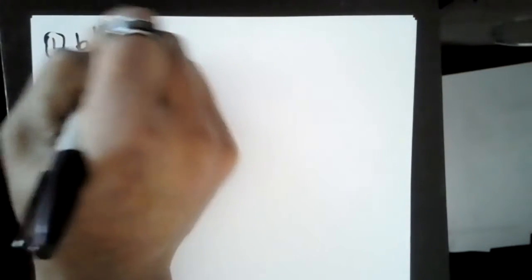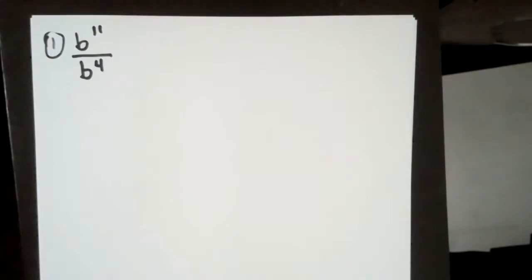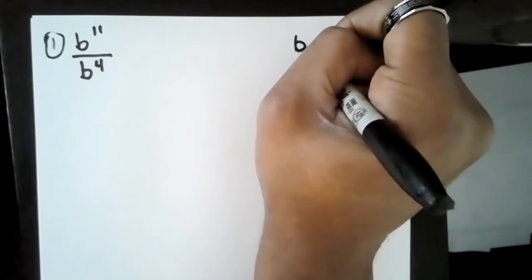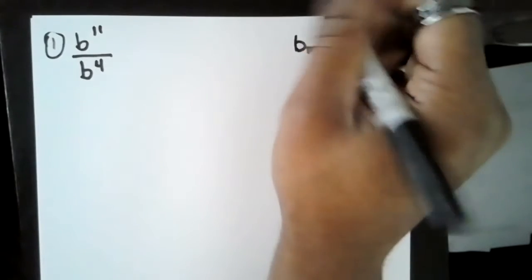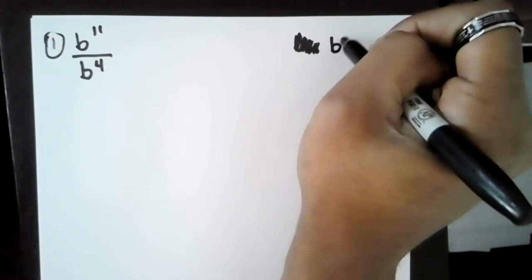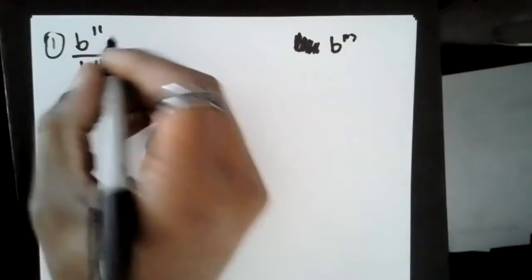So we're going to have b to the power of 11 divided by b to the power of 4. They want us to turn it into the b^m form. So what's the first thing we're going to do?